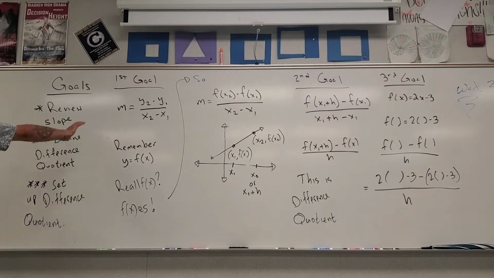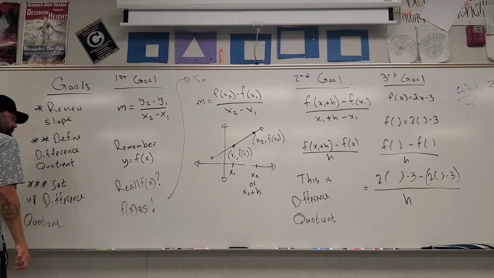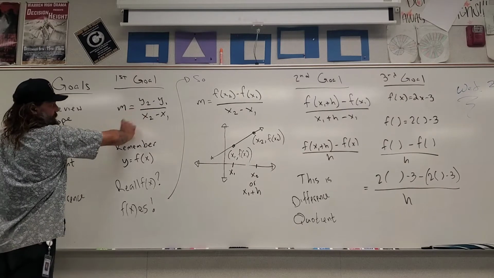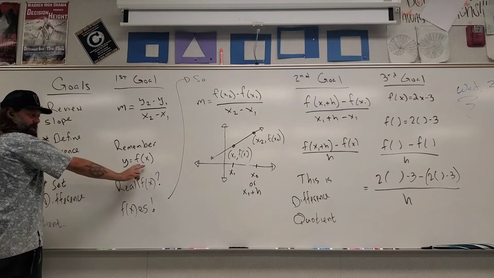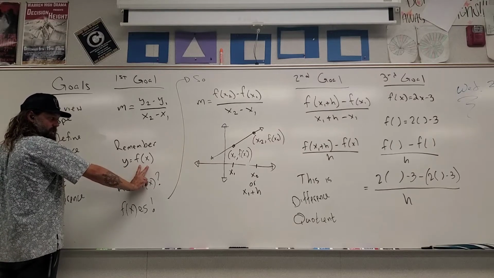Now, I'm going to rewrite this formula of slope, and I'm going to change the way that the y's look. I'm not going to say y anymore. I'm going to replace it with its equivalent form in function notation, f of x.